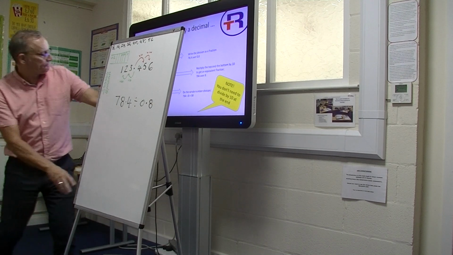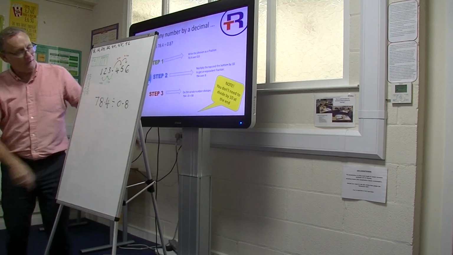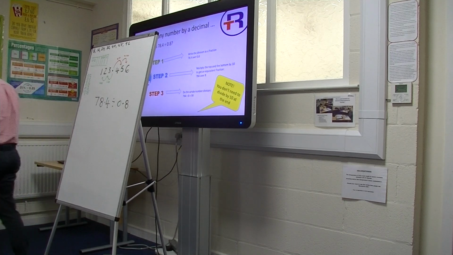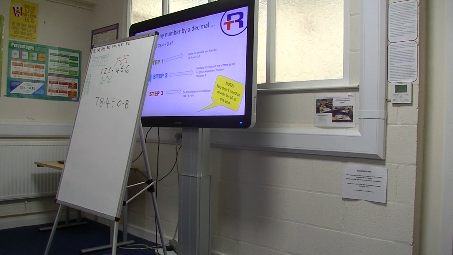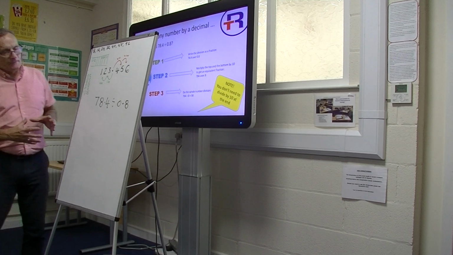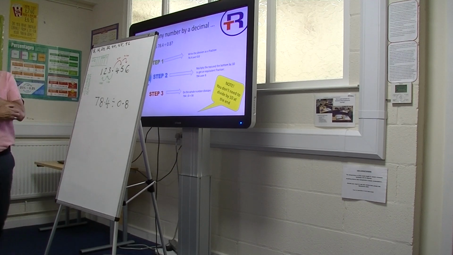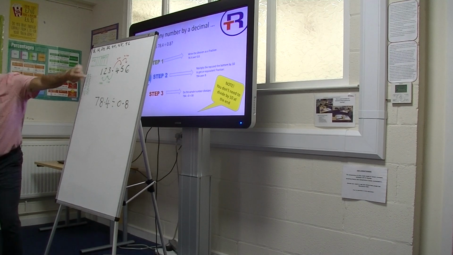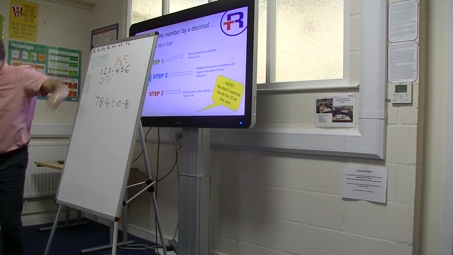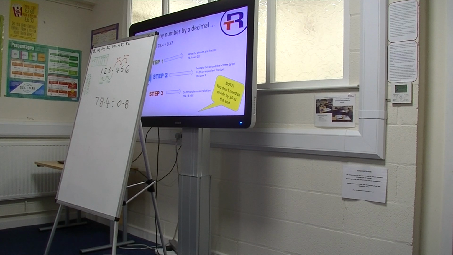So have a go at that one. Follow the same steps. Set it up like I set up the other one. Get rid of them decimal places by doing something to it. Do the sum. Do the division.